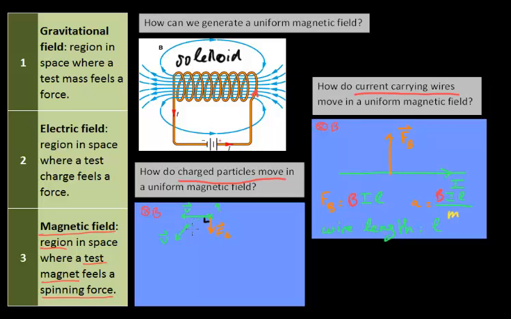And the force will still be perpendicular to the velocity this way if you reapply the right-hand rule, and we'll have an acceleration again that's pointing towards what seems to be the center of a circle, which is in fact the trajectory of my charged particle. So a charged particle moves in circles in a magnetic field.